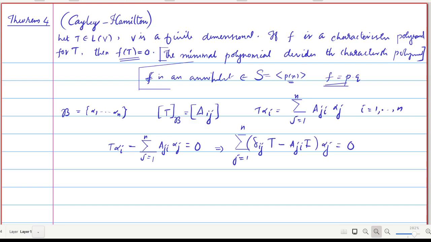When j is equal to i, this quantity delta ij is 1, and at that time we have t of alpha i here. All the other terms, corresponding to j not equal to i, will be 0. So by expanding you can get this one. Now, what is the meaning of this?